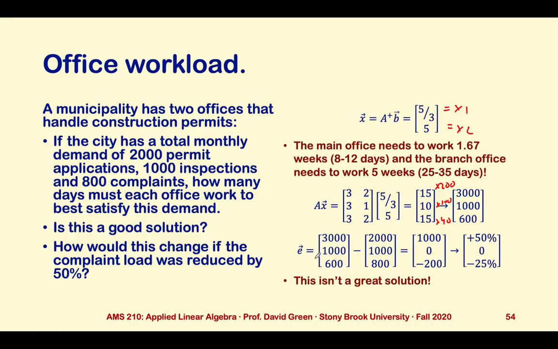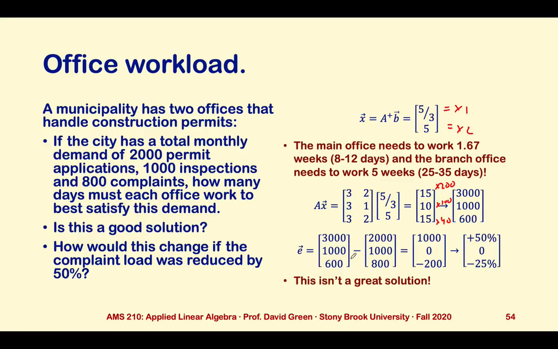Our error vector, found by comparing our actual right-hand side to our target right-hand side, gives us an error of 1,000 more permit applications than we wanted to handle, and a deficiency of 200 complaints. That is a 50% error in one term, a 25% error in the other direction on the other term, and one that is perfectly matched.